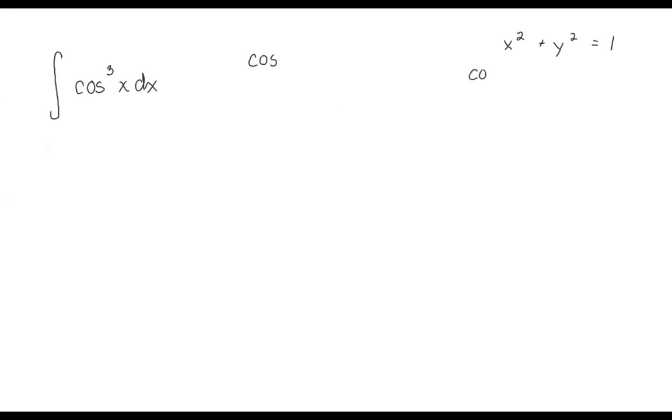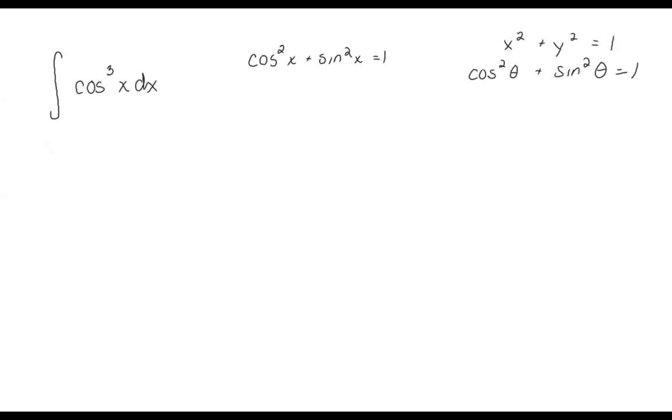The cosine of the angle is the x value, and the sine of the angle is the y value. So we can use that no matter what our variable is. And we have this identity that says cosine squared x plus sine squared x equals 1.